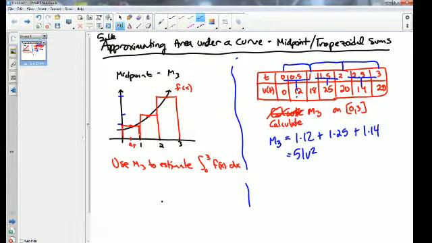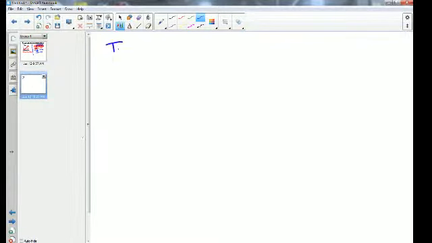You could have done the same thing: 1 times 12 plus 25 plus 14. Same thing. So that applies to any of them if the intervals are the same. Okay, trapezoids. What is a trapezoid? A square with a rectangle on top, or a triangle on top. There you go. A right triangle with an appendage.